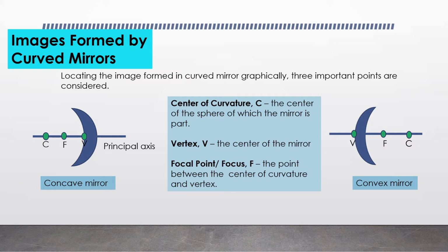Center of curvature stands for letter C. Vertex stands for letter V. Then focal point or the focus stands for letter F. Okay, so those are the three important points to remember, especially in locating the images formed in curved mirror.